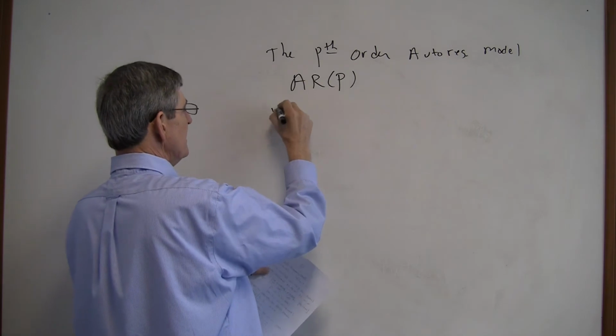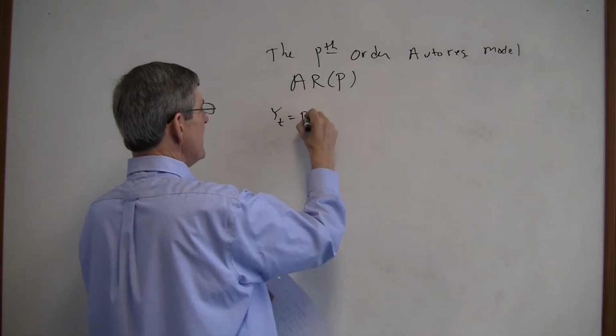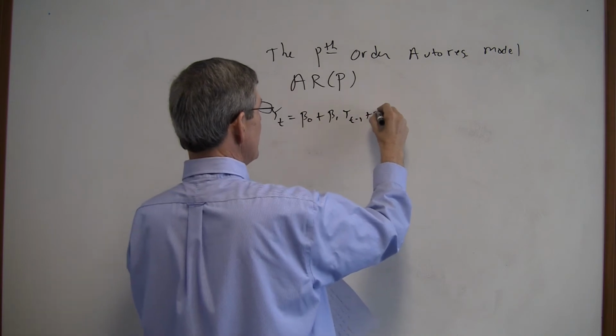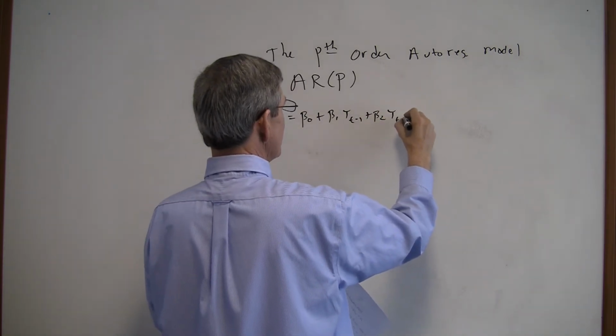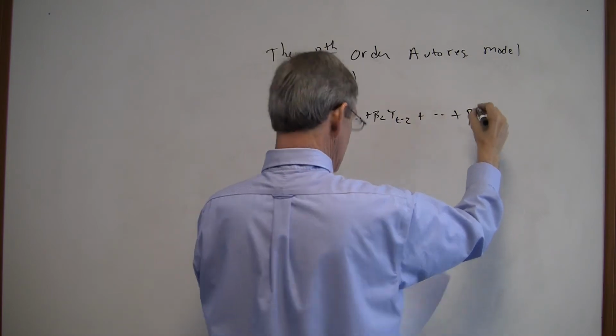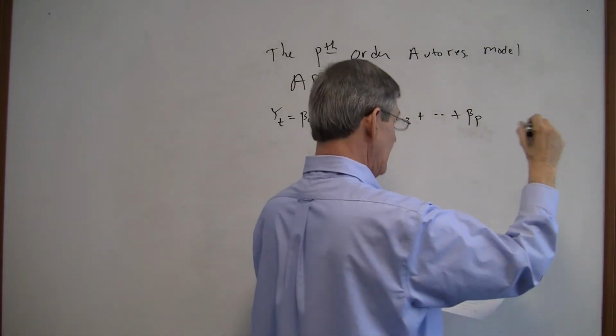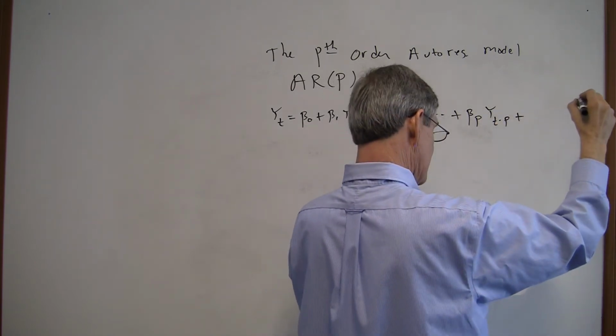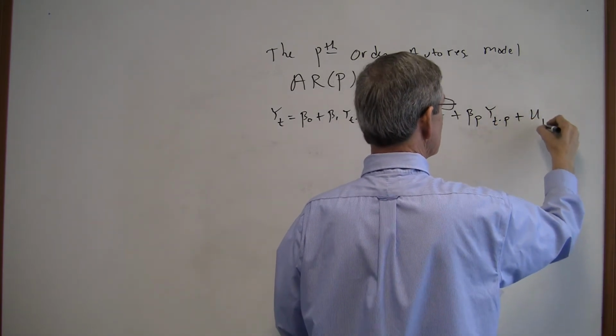So it's what you would probably guess: yt equals beta naught plus beta 1 yt minus 1 plus beta 2 yt minus 2, all the way out to beta p yt minus p plus ut.